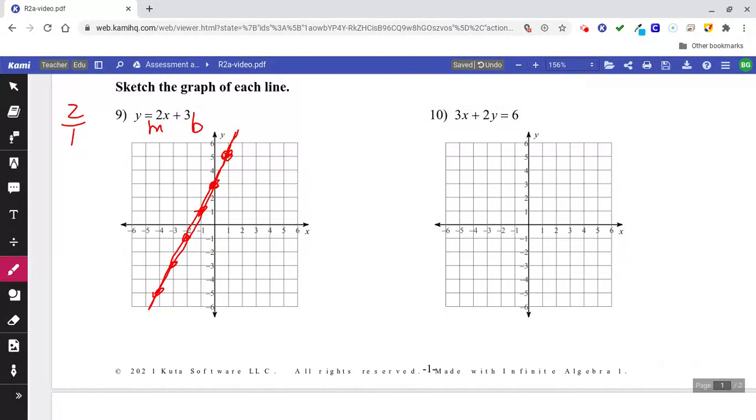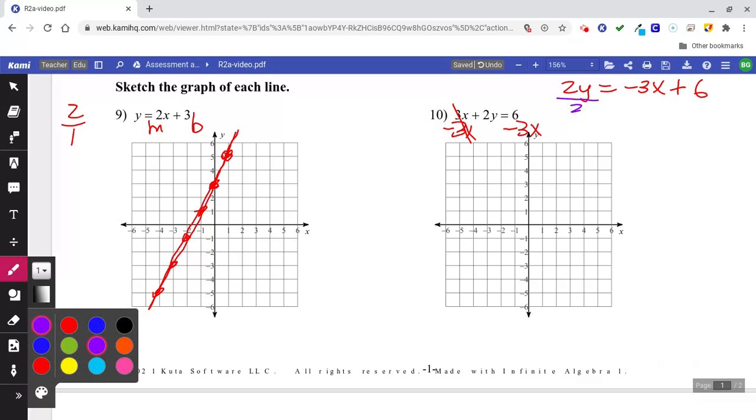Number 10, you'd probably want to change it to slope-intercept form. Let's subtract 3x. If you do that, you're going to have 2y equals negative 3x plus 6. Notice I'm writing it in that order because I want it to look like mx plus b.